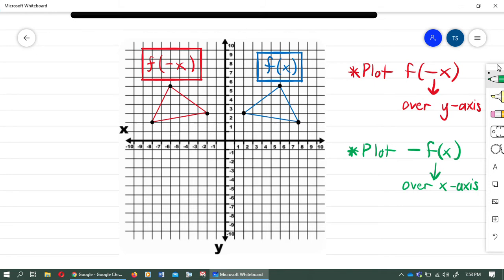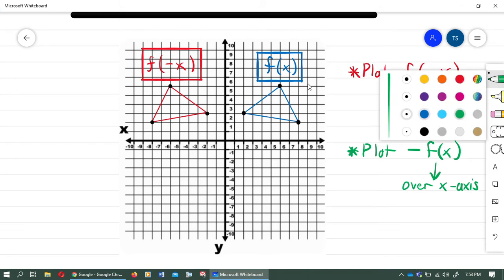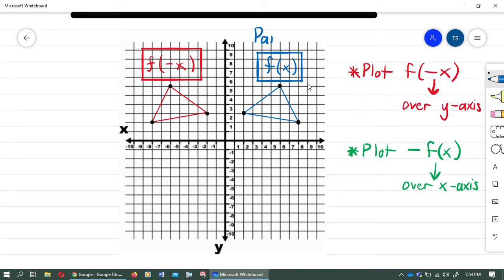Okay, and we're talking about plotting a reflection using that same f of x function as the parent function.